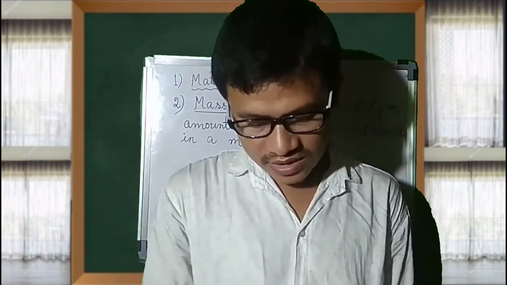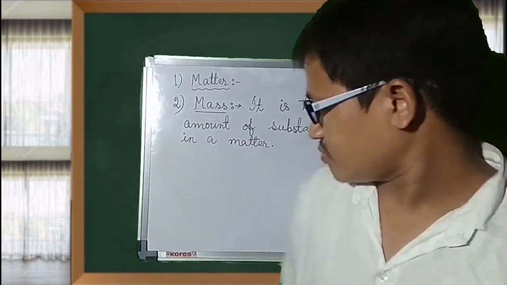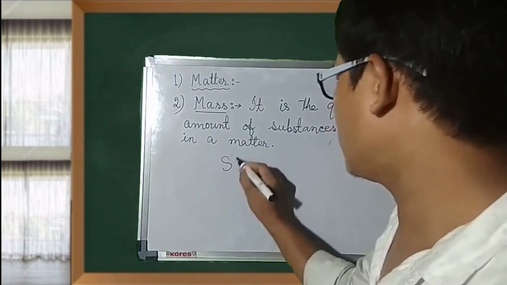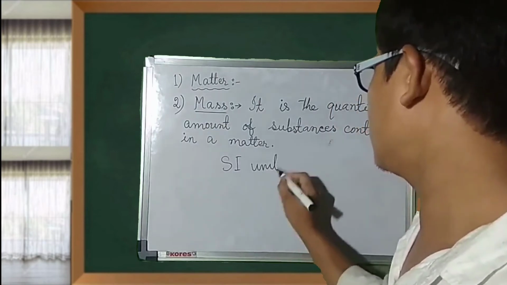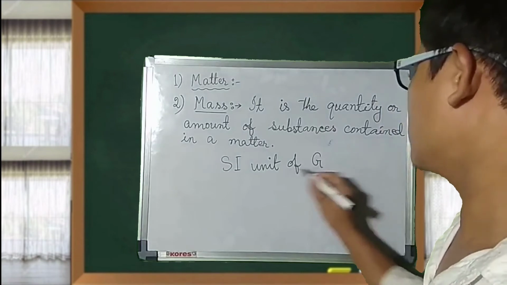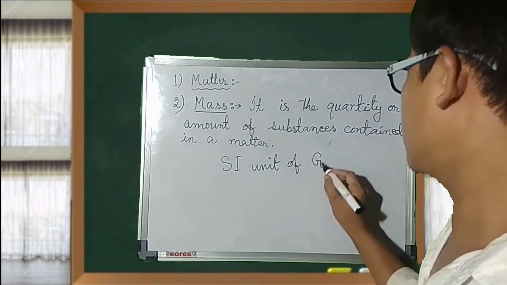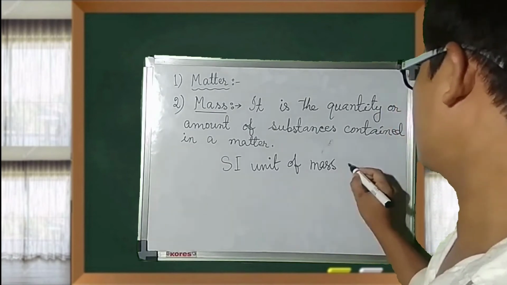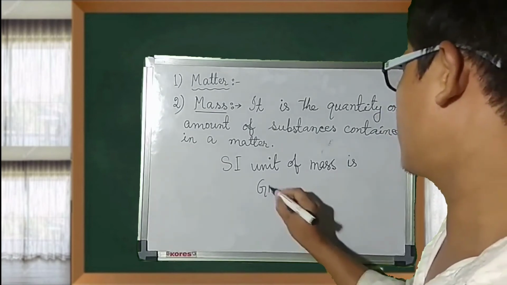So mass is measured in various units, such as gram, kilogram, tons, quintal, pounds, etc. And the SI unit of mass is gram.